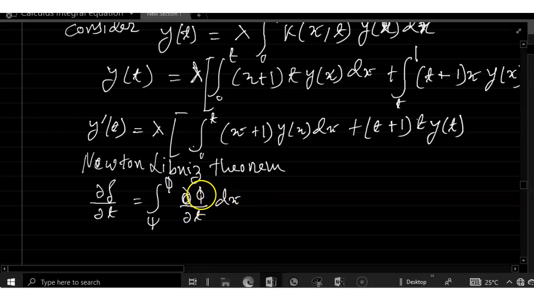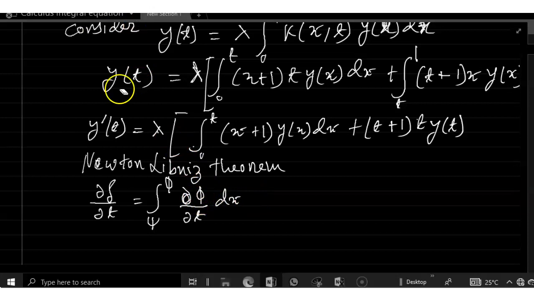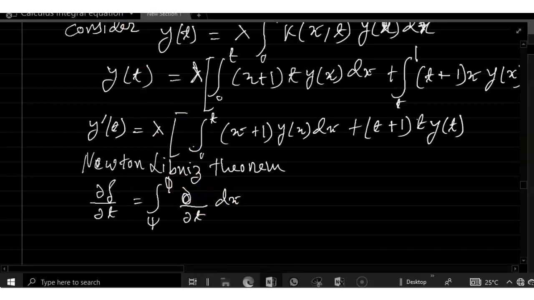This is not phi, I can write this is g, plus into g(t), minus phi(t) into, now apply Newton Leibniz theorem, del I by del t.